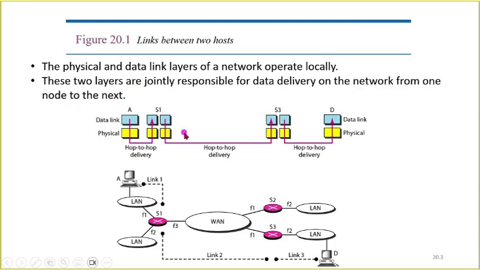But if we have a case where we want to deliver the data from source to destination through different networks, this is for a single network, operating on a local network. Source and destination are available on the local network, but if the source and destination are on two different networks, then there is a requirement of a network layer.